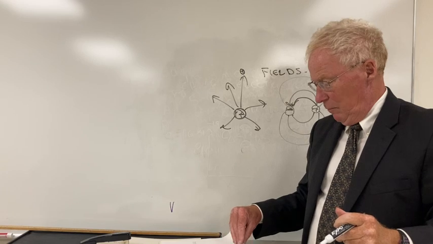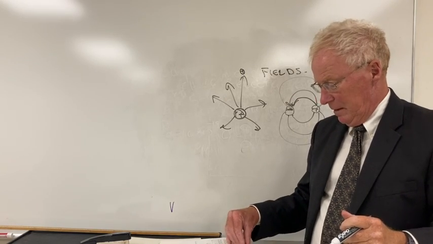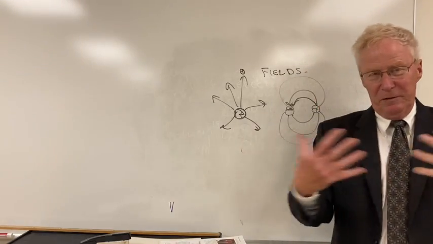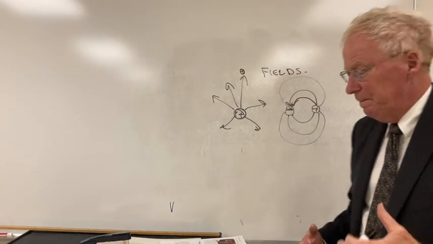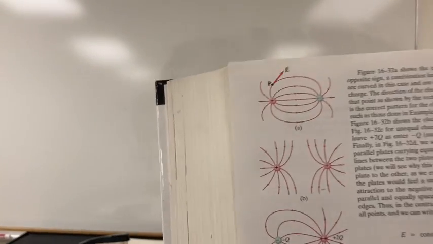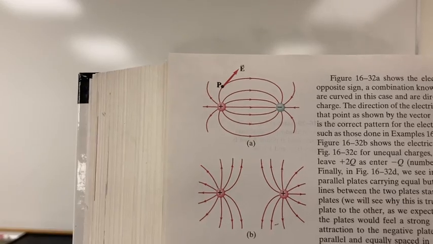And then moving on from there, again, we have field lines. We're only going to be doing two-dimensional surfaces. So again, these are some of the examples of dipole charges.